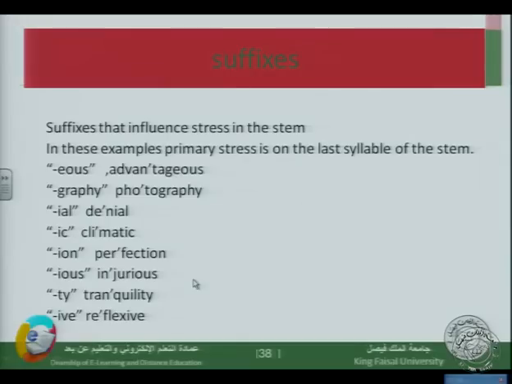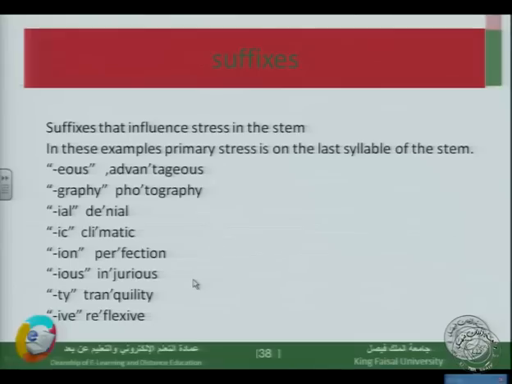Suffixes that influence stress in the stem: these are other suffixes that affect stress in the stem. In this example, primary stress is on the last syllable of the stem. Notice we took some suffixes that carry the stress and give secondary stress to the beginning of the word, and now we will take some suffixes where the primary stress is on the last syllable of the stem, right?